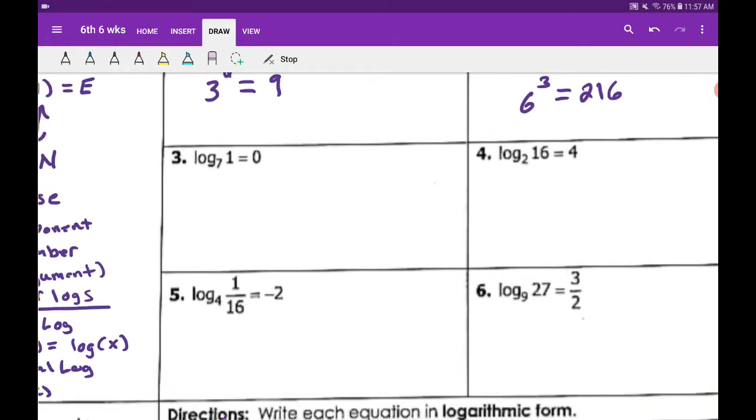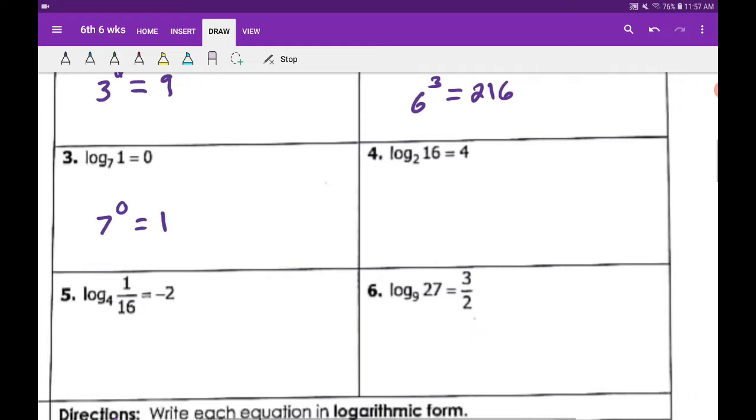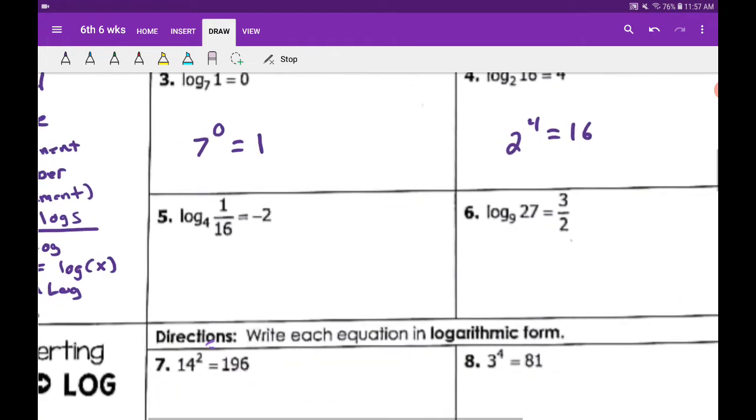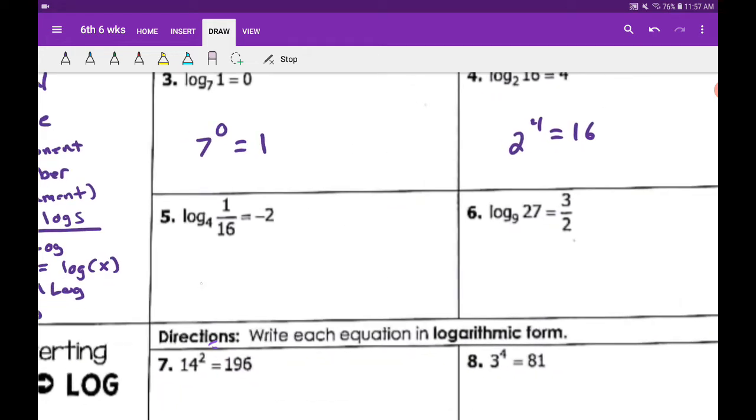A couple of other ones. This one's log base 7 of 1 equals 0. That makes sense. We should all know anything to the 0 power equals 1. This one here is log base 2 of 16 equals 4, so 2 to the 4th power equals 16. This one's log base 4 of 1/16 equals negative 2. Now be careful: the negative 2 goes up top, and it's going to equal 1/16.